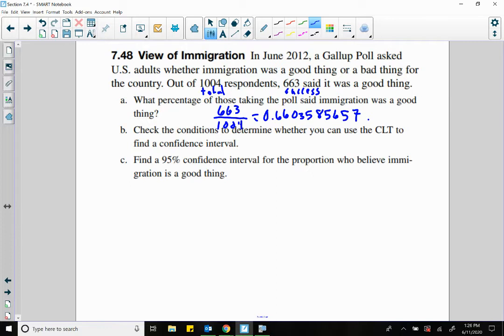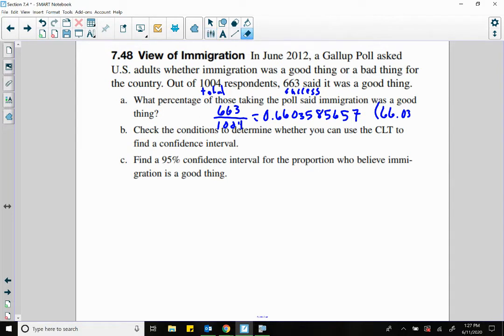And that gives us 0.660385657. You probably had to round to 3 decimals or 2 decimals. So if you rounded to 3 decimals, it'd be 0.660. 4 decimals would be 0.6604. Then if it says percentage, as a percentage, that would be 66.035855657%.